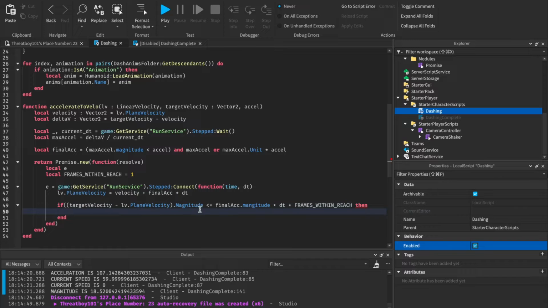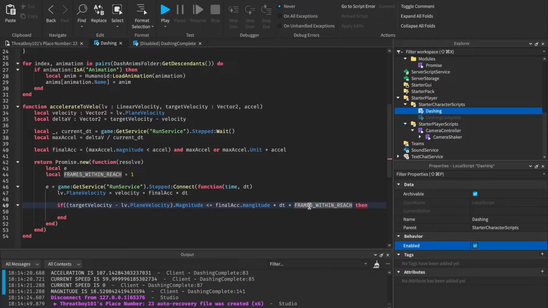To explain, we're trying to see if our current velocity is close to our target velocity. And to do this is not so trivial. Some of you might think, why don't we just choose some arbitrarily small number like 0.0003, and if it's less than that, then we have reached it. But we want to be more exact than that.